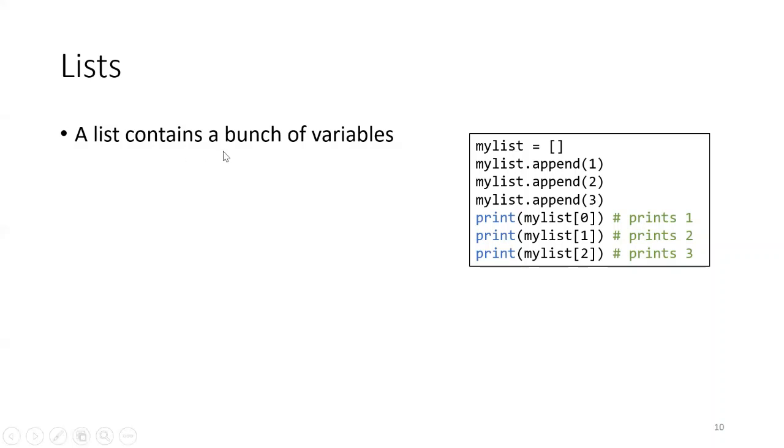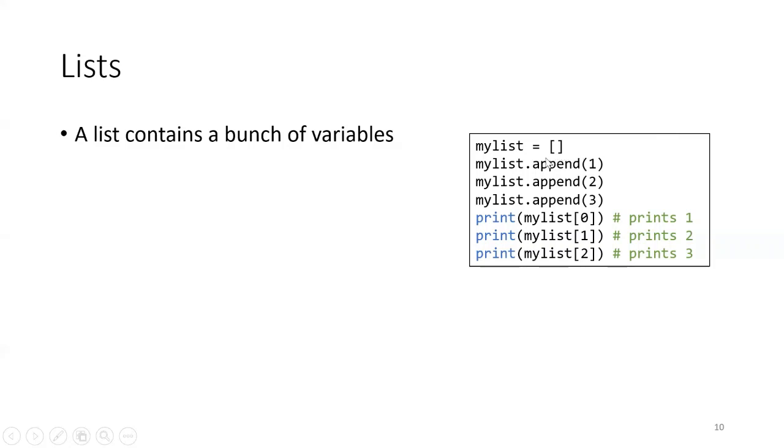There are several operations on a list that we can do. First of all, we can create an empty list with brackets, and then we can add elements to our list using the append function. These functions that I'm introducing are built-in functions in Python, they are defined, they are implemented, but we don't care about their implementation, we just use them.